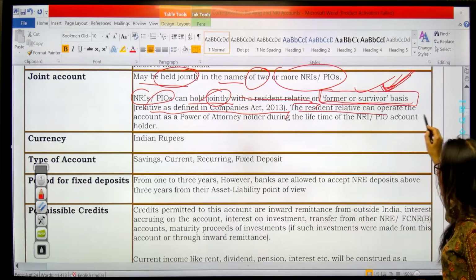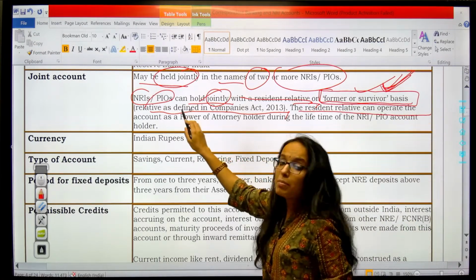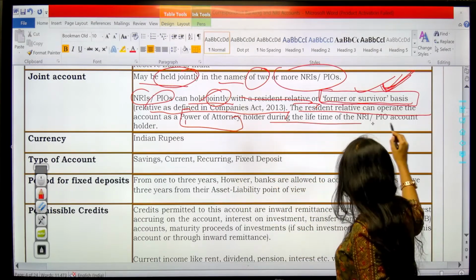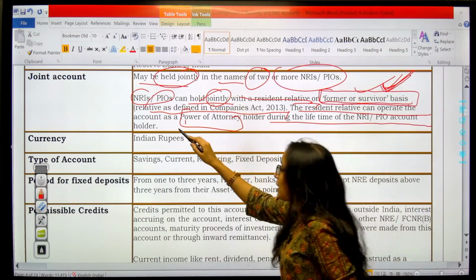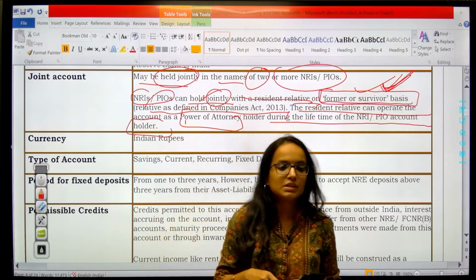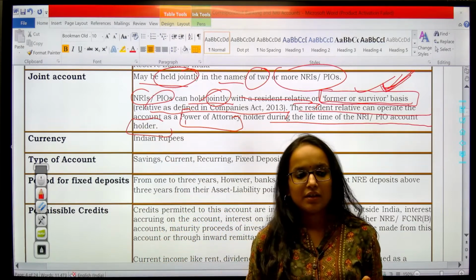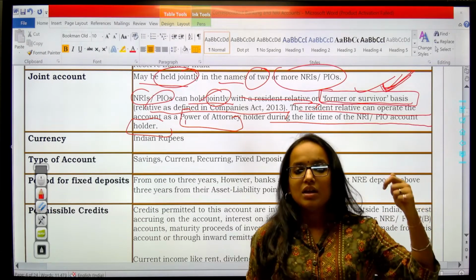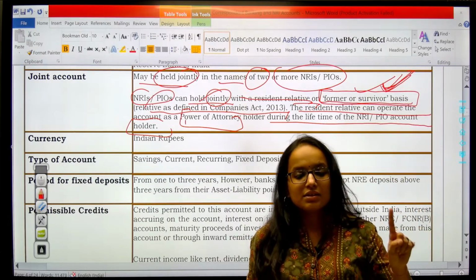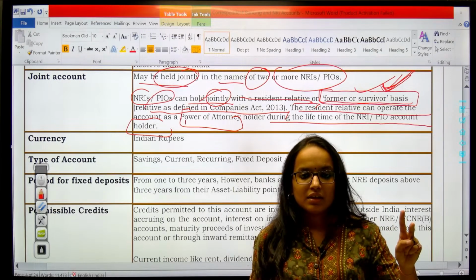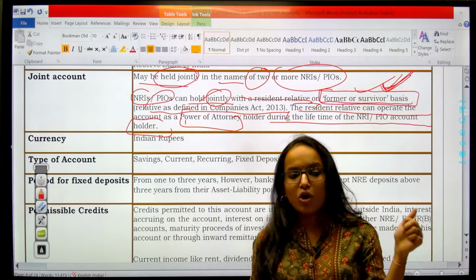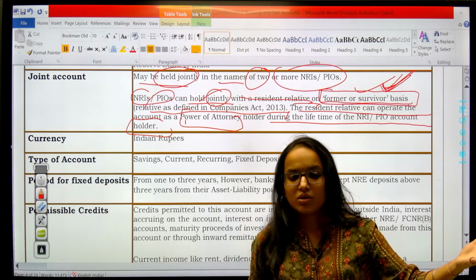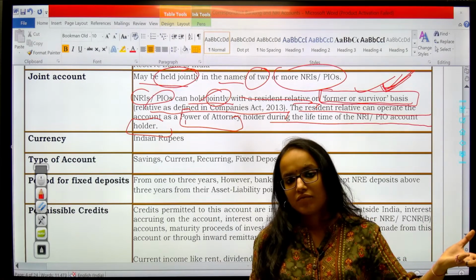The resident relative can operate the account as a power of attorney when the account holder is alive, during the lifetime of the NRI or PIO account holder. This is something you should remember regarding joint account holding of NRE account. First, can they have a joint account? Yes. Second, can the joint account holder operate it in the name of the original account holder when he is alive?